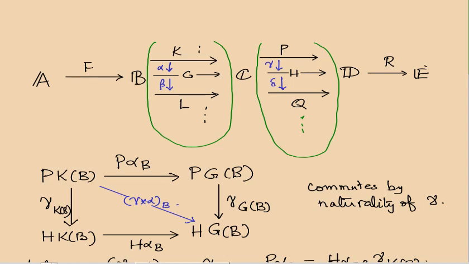The next question is very natural. So I have over here gamma star alpha, and I have over here delta star beta.